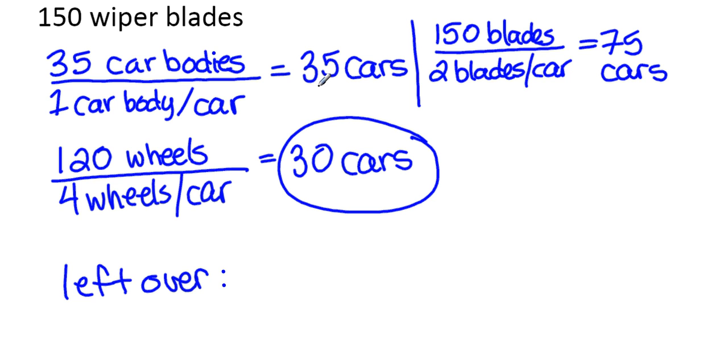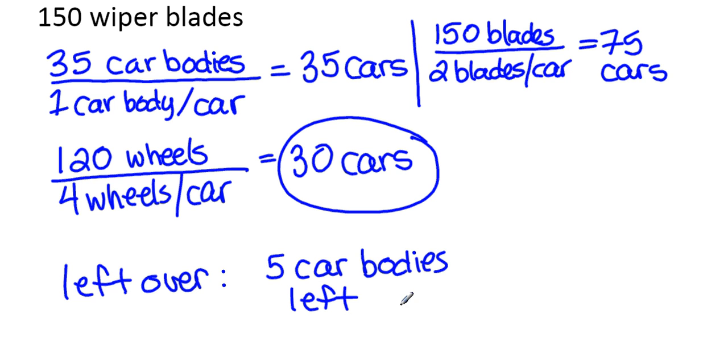if we only make 30 cars, that means for the car bodies, there's only going to be 5 car bodies left. It's a 1-to-1 ratio, 1 car per 1 body. 35 minus 30 would leave me with 5 cars worth of car bodies, so that means 5 car bodies left.